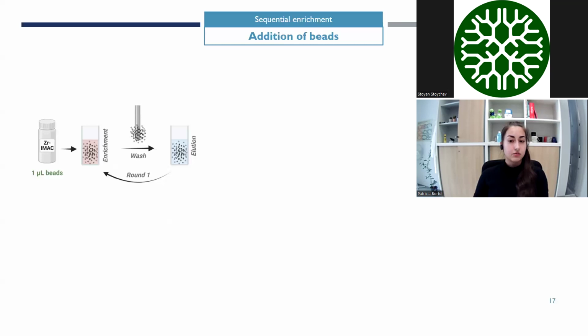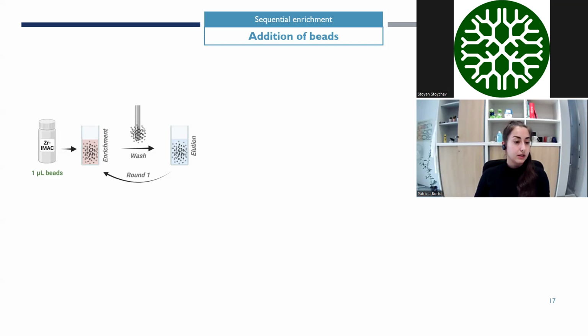And then we tried to exploit the benefit of maybe enriching different phosphopeptide species in each round of sequential enrichment. So here we applied the observation that we made in the early evaluations of this project, in which we saw that when using rather low bead volumes, we enriched rather multiply phosphorylated species.